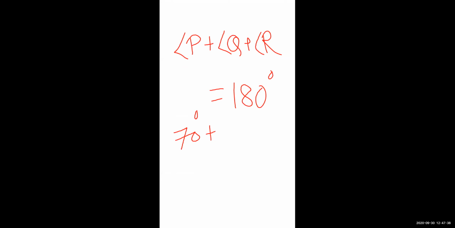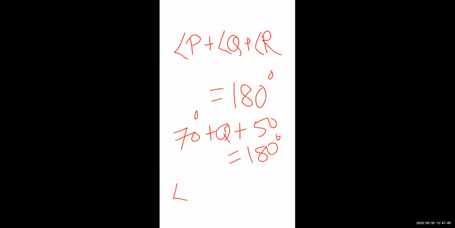As we know, angle P plus angle Q plus angle R is equal to 180 degrees. The sum of the measures of all angles of a triangle is 180 degrees. Angle P is given as 70 degrees. Q is not given, so we write it as it is. Angle R is 50, and the sum is equal to 180.